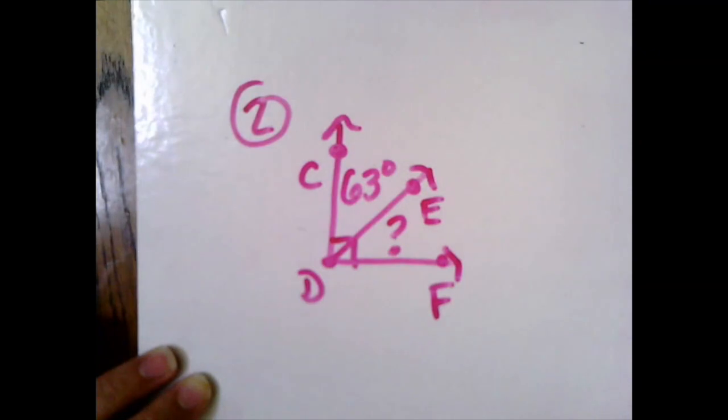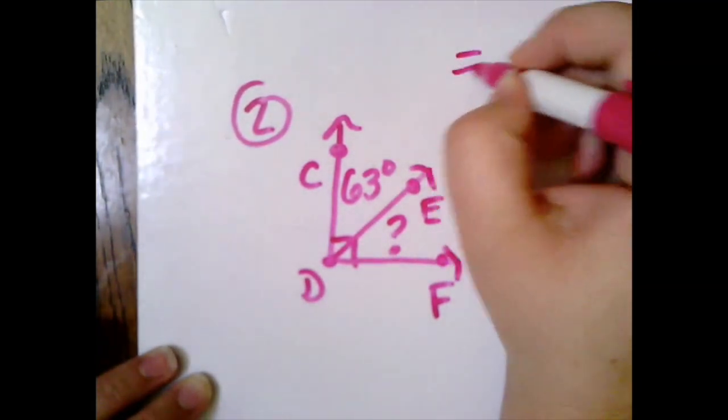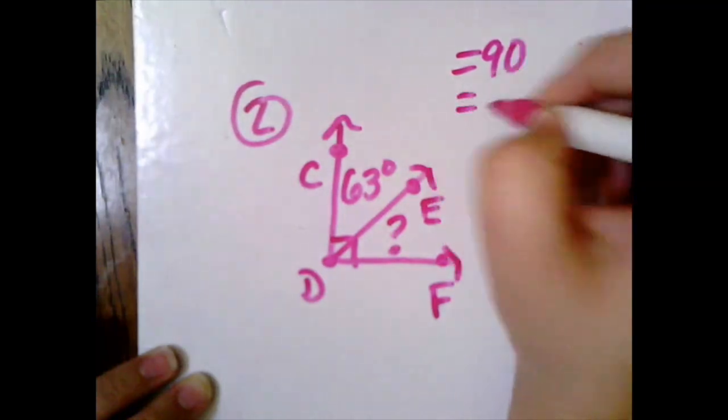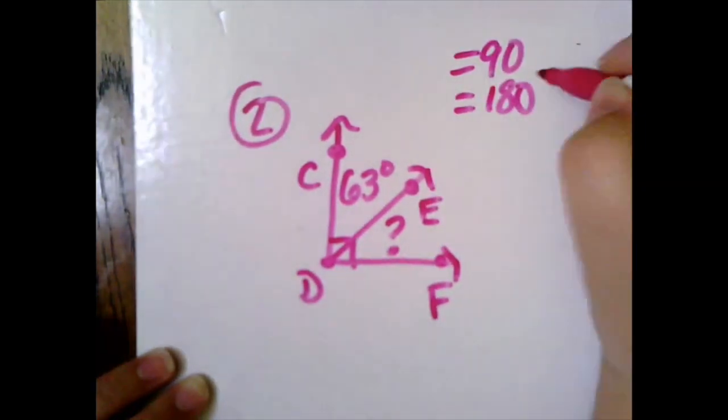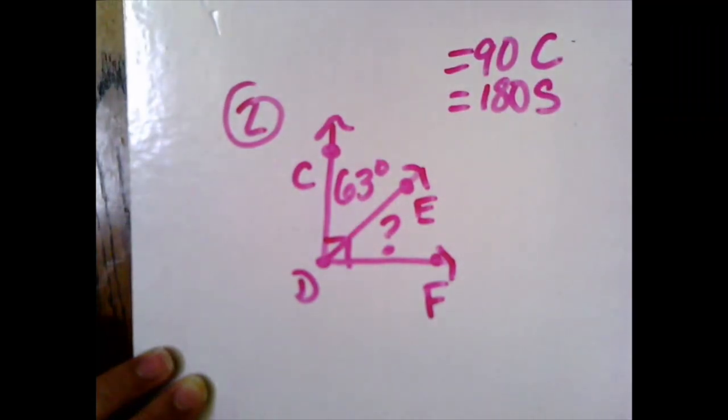All the angles I'm going to give you are going to be added together to equal either 90 degrees or 180 degrees. These are called complementary and supplementary angles. You're going to learn more about that tomorrow. Right now, I just really want to focus on the equation.